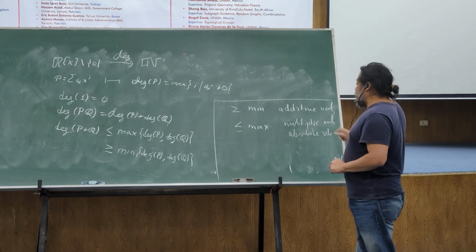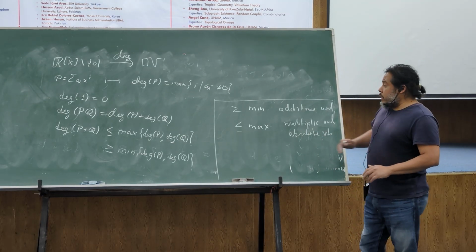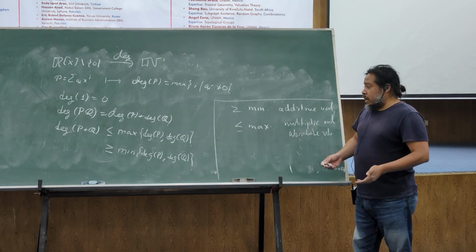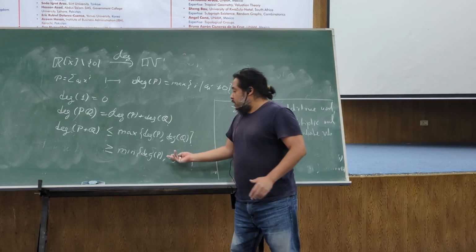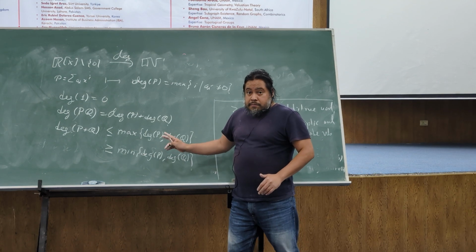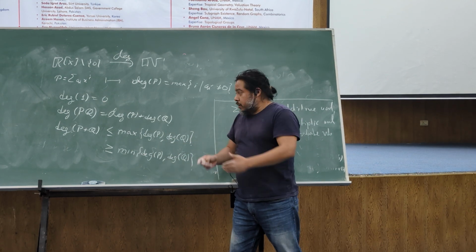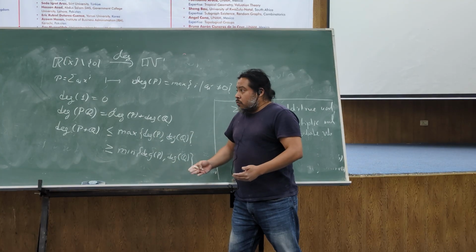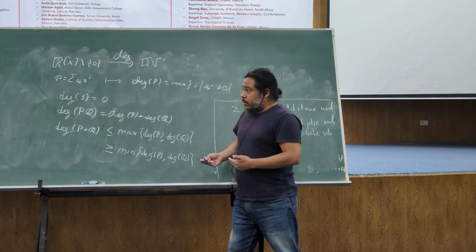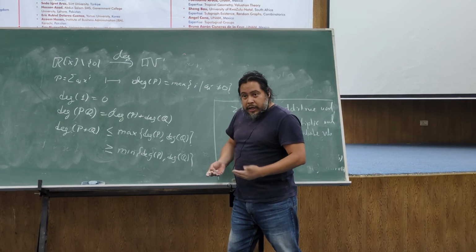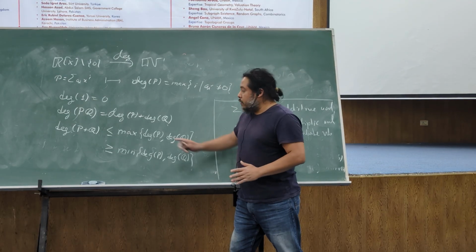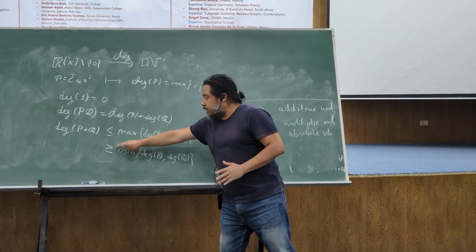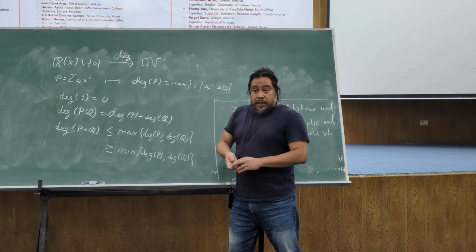We will see later why. But do you agree that these are the same objects? Because what I can do here is to take the reverse order, and if I invert the order, then this min becomes a max. So what I'm trying to communicate here is that in valuation theory, it doesn't matter if you use the maximum convention or the minimum convention. With these signs, they define the same object.